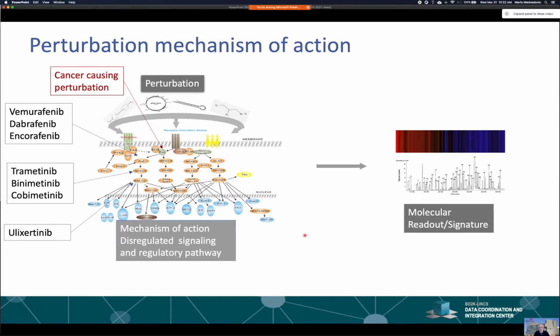The problem is that we really don't know what these initiating events are that cause the diseases, and often we don't have information about what a chemical is doing with a specific pathway. So we don't really know based on this readout.